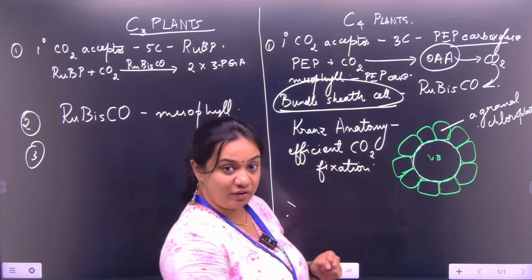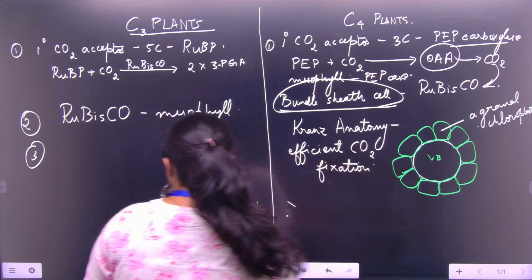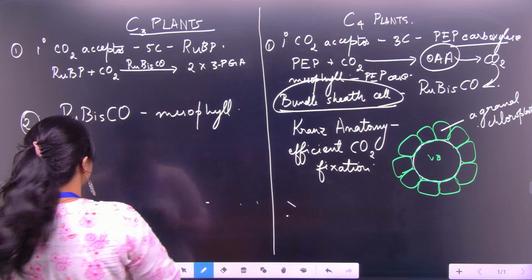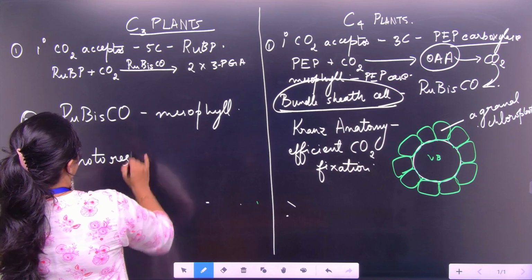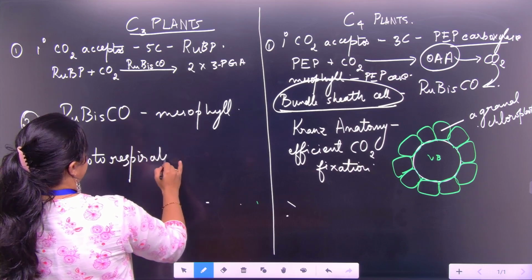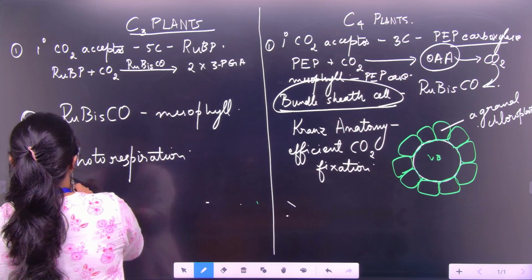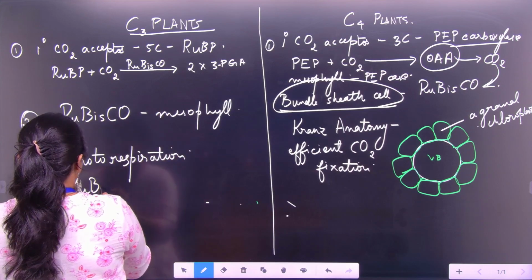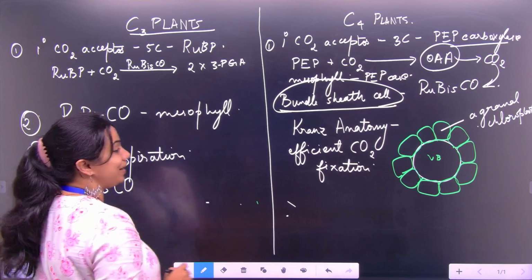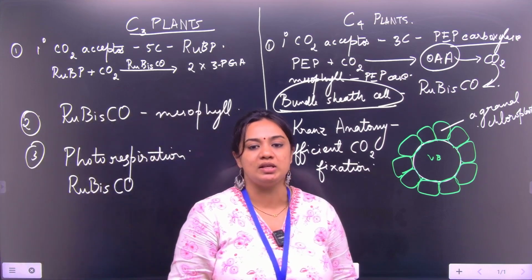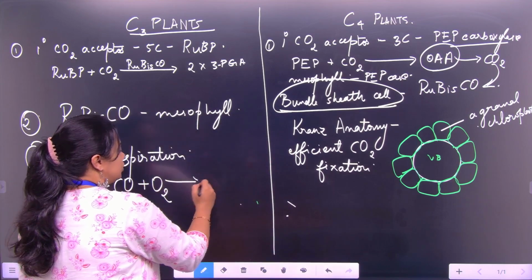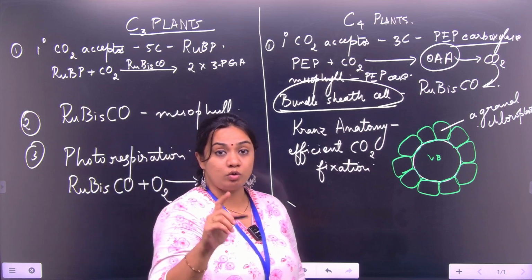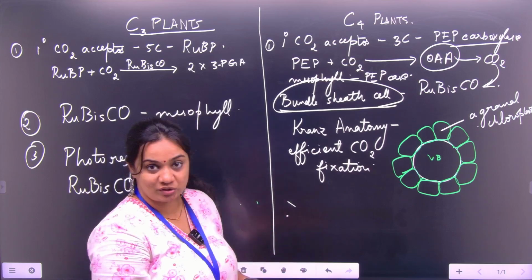And one more reason why it is efficient in its carbon dioxide fixation is that C3 plants show a process called photorespiration, where Rubisco, because it has active sites for binding with both carbon dioxide as well as oxygen, has higher chances of binding with oxygen to form phosphoglycerate and phosphoglycolate.